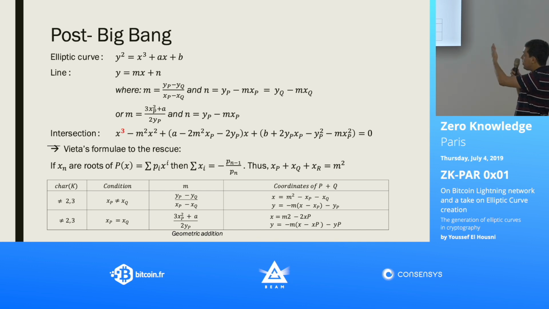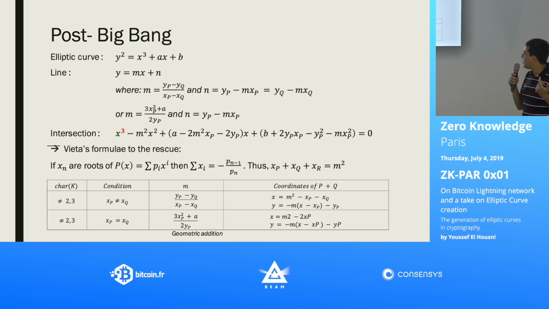You have an elliptic curve, so this is the equation. You have a line, so a line or a tangent. It has the same equation, but the m and n are different. And you are looking for the intersection point. If you substitute the line in the elliptic curve, you will find this equation, that is an equation of degree 3. So if you want to find the point, you have to solve this equation.